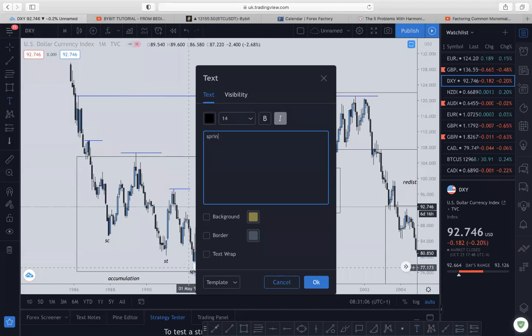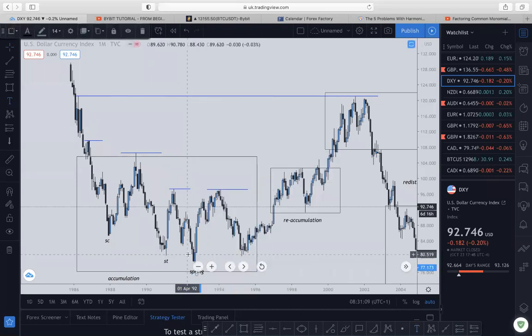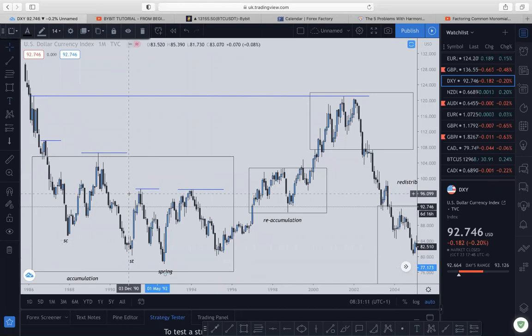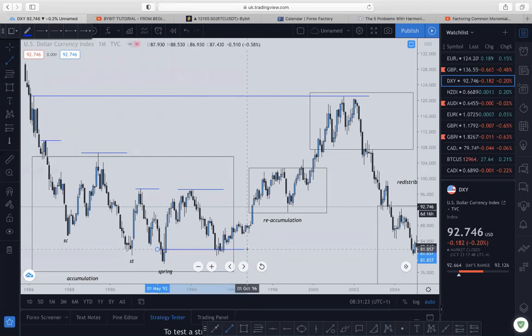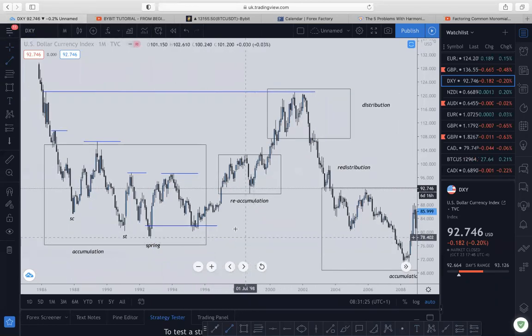The spring. And what happens after the spring? A break of market structure here, and price comes down to snipe off inside an institutional candlestick. And the bullish move begins. And this is a monthly time frame we're talking about.